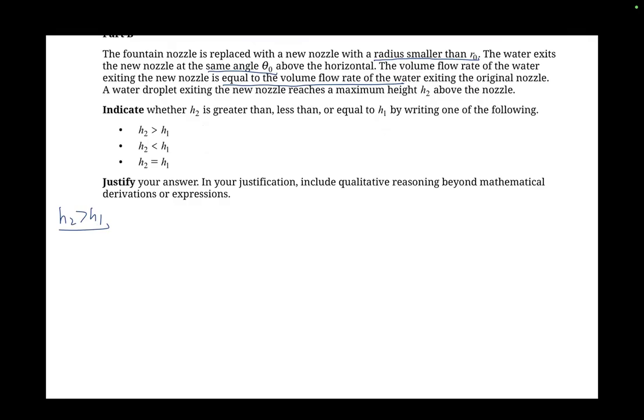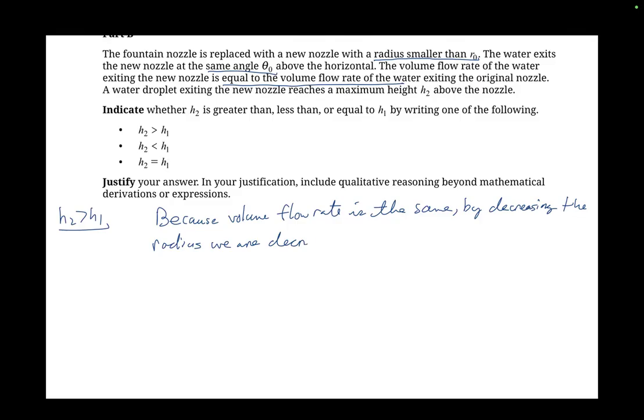So we'll start there. Because the volume flow rate is the same, by decreasing the radius, we are decreasing the cross-sectional area, making the velocity in the second case faster.